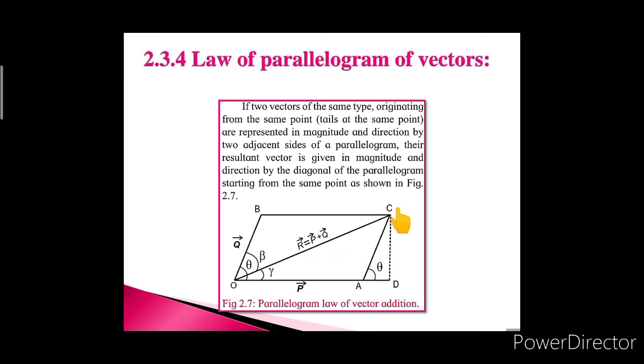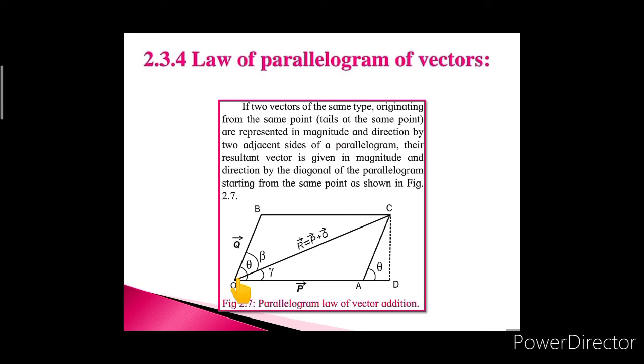So this AC is also equal to vector Q. We can say that the resultant R in this triangle OAC is equal to vector P plus vector Q. And when we take the triangle OBC, the side BC is equal to side OA, which is represented by the vector P. So the resultant in the triangle OBC is vector Q plus vector P.